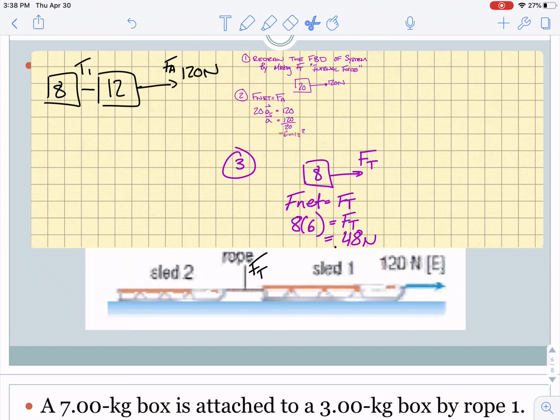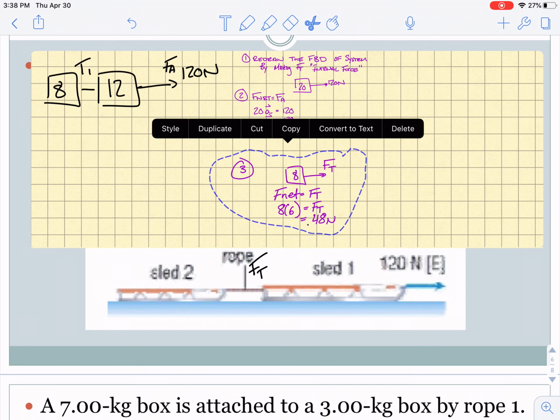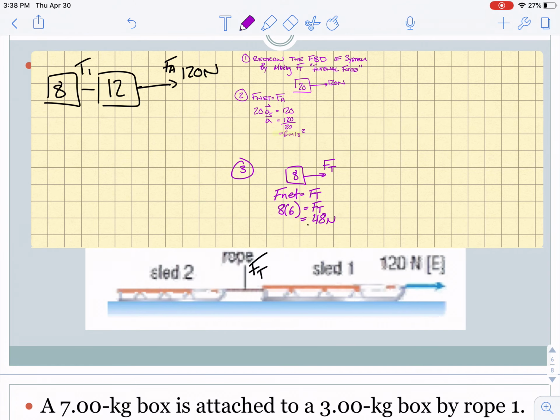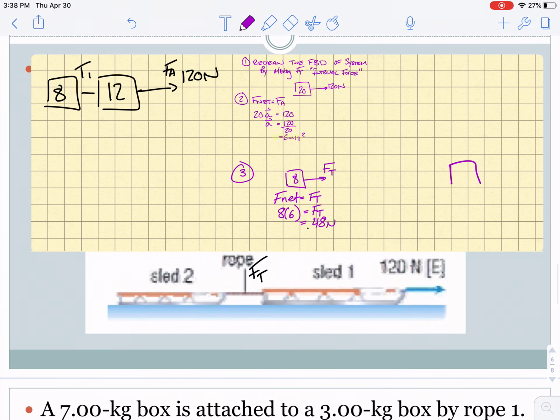However, there are two ways to get this 48 number. One is a lot easier, one is a lot harder. Even if we look at this 12 kilogram block, the tension force should equal 48 newtons. So we have the 12 kilogram block being pulled this way by tension and this way by Fa. And so I know that F net is going to equal 120 newtons minus the force of tension.